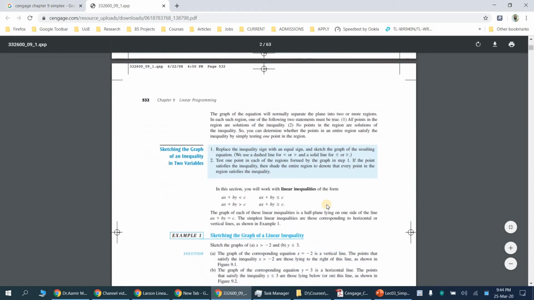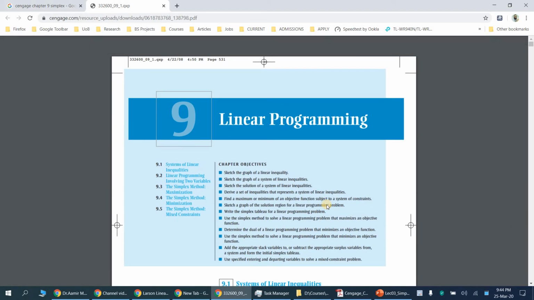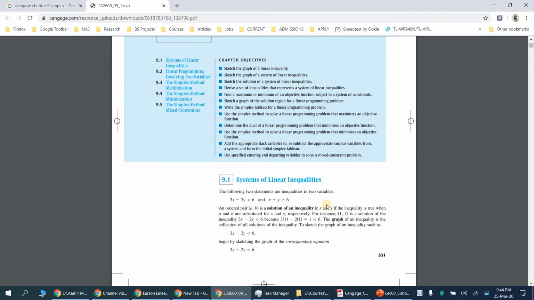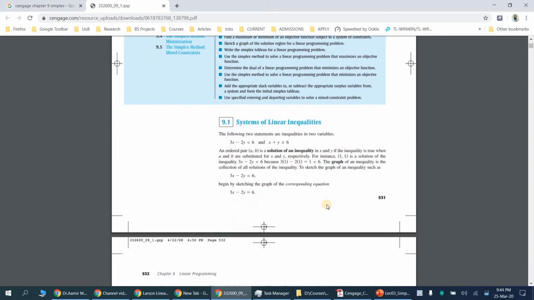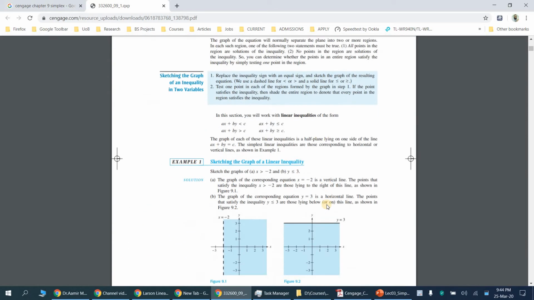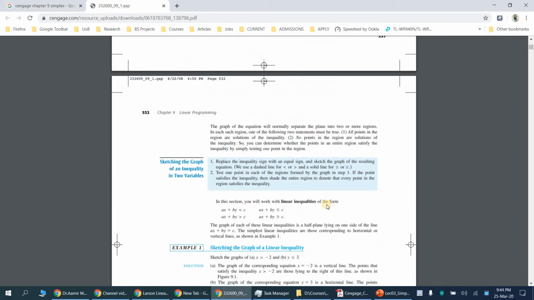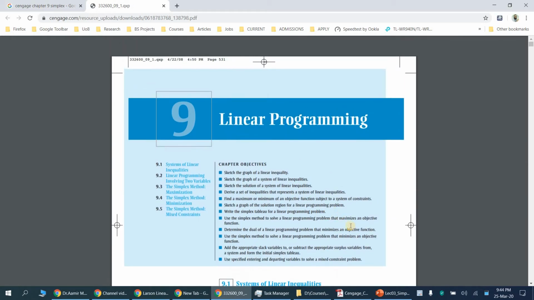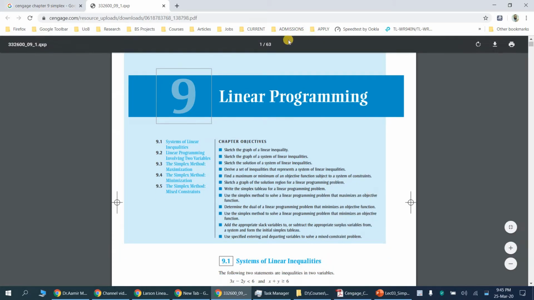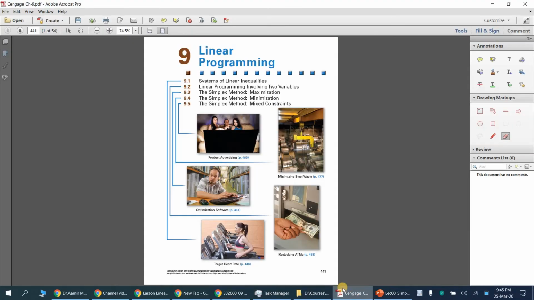So this is chapter 9, linear programming. I have already saved it with me. The number of pages is 63. Let me check.